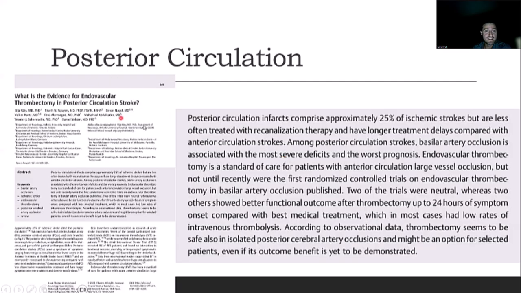So there have been a few summary papers now about what the evidence for endovascular thrombectomy in posterior circulation stroke is. A lot of them are saying, according to observational data, thrombectomy seems to be safe in posterior circulation occlusions with the proper patient selection.